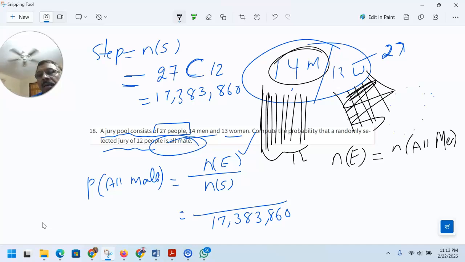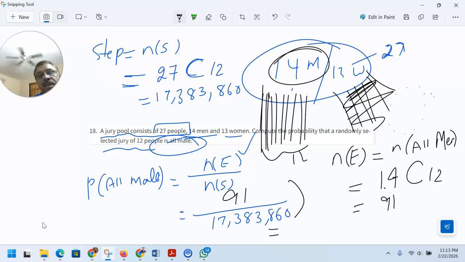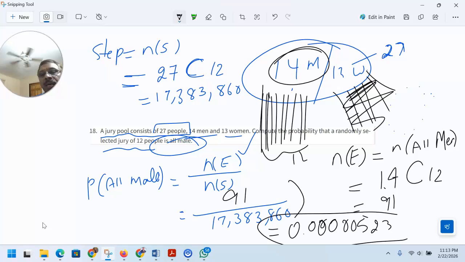So there are how many men? 14 men. And from 14 men, you're picking 12. Now when you put this on the calculator, you get 91. So this 91 will go here, and when you do the division, you get 0.523. That's it. So this is how you have to do it.